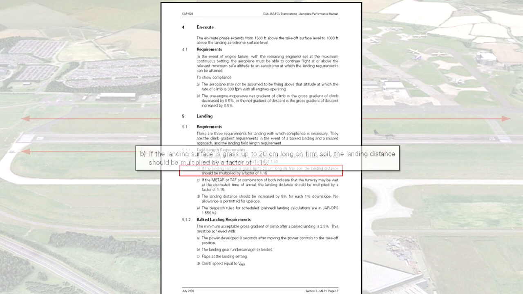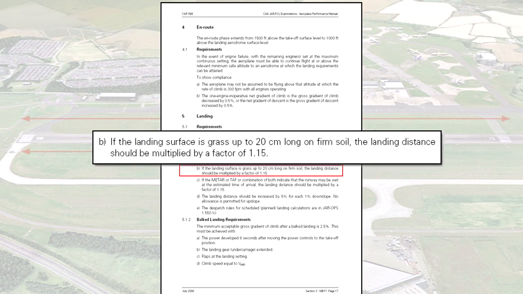In CAP 698, Section 3 on page 17, under point 511b, we read that if the runway is of grass up to 20 centimeters high, the landing distance should be multiplied by a factor of 1.15. This would effectively increase the landing distance by 15%.